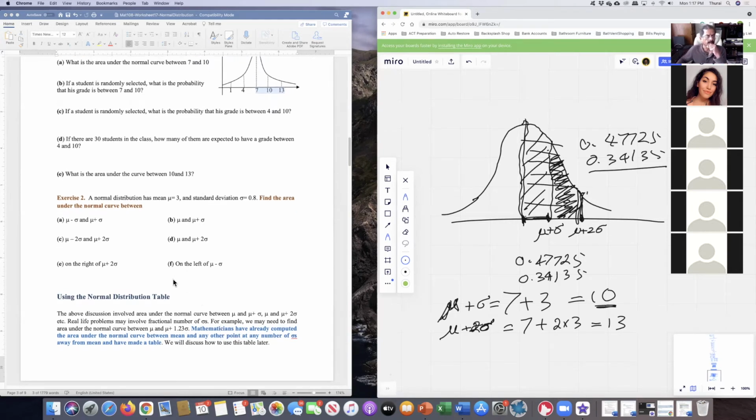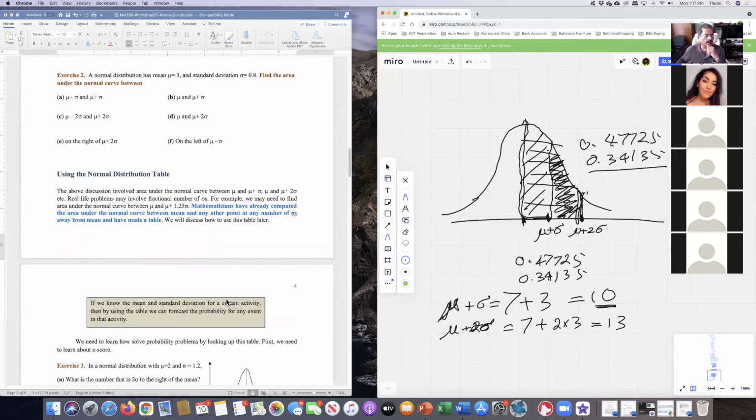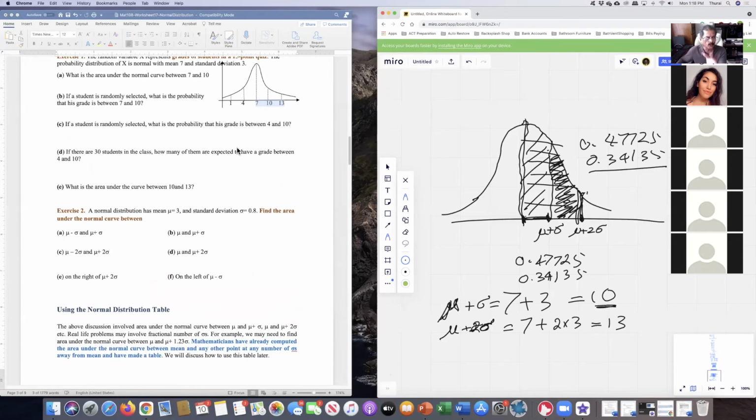That's enough, we don't need exercise 2. Let's go to the normal distribution table. All these areas have been calculated. I just mentioned the area between mu and mu plus sigma, and mu plus 2 sigma. Not only those, but mu plus any number of sigmas, to the right or to the left, all the areas have been calculated.